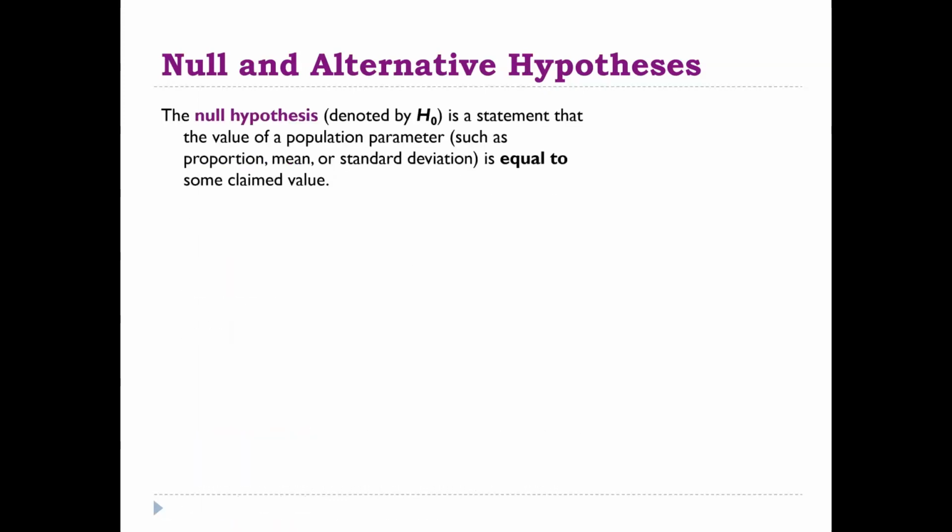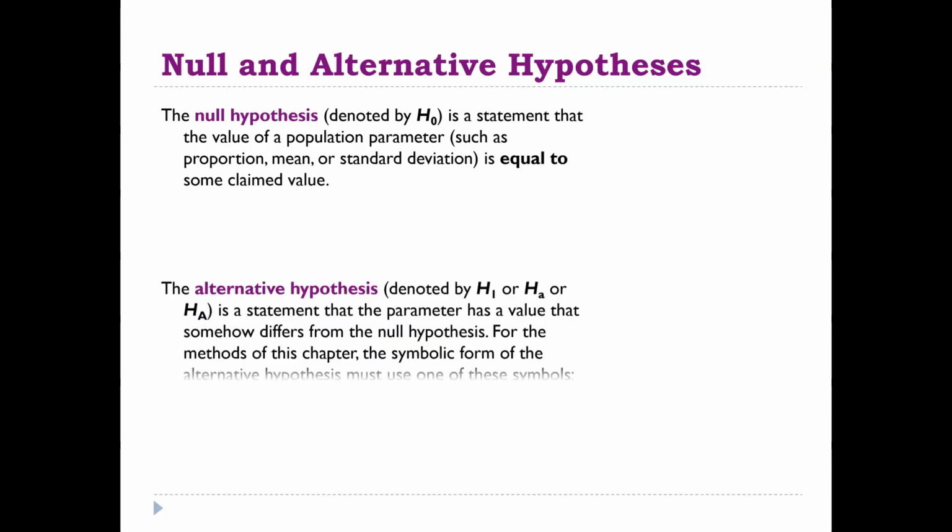After we formulate our claim and write it in symbolic form, we want to identify the null and alternative hypotheses. The null hypothesis, denoted by H0, is a statement that the value of a population parameter, such as proportion, mean, or standard deviation, is equal to some claimed value.